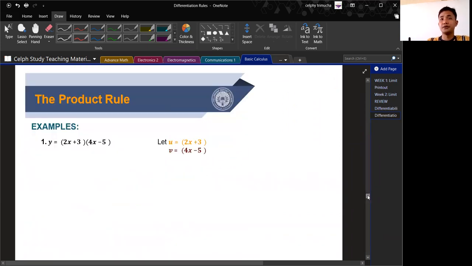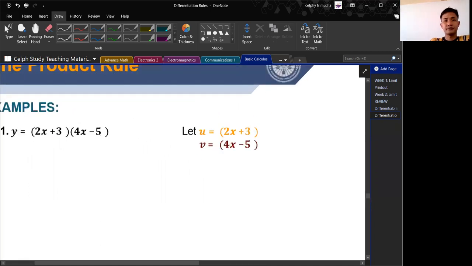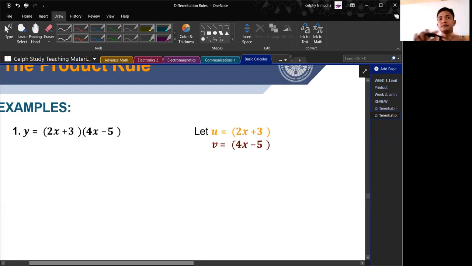Okay, so for example, we have another equation. Y is equal to 2x plus 3 times 4x minus 5. So we will have to find the derivative sining equation. Okay, so u naton is the first nga equation, which is 2x plus 3. V naton will be 4x minus 5.